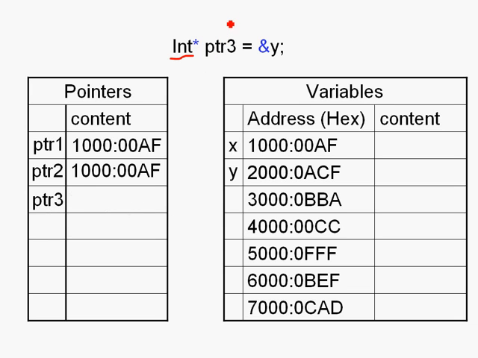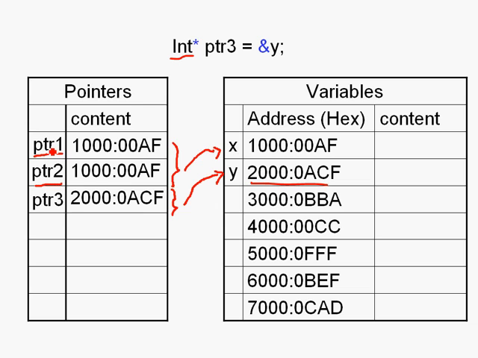I declared the pointer ptr3. It will contain the address of y. So what we did, to resume, we created two pointers, ptr1 and ptr2. They are both pointing to the same address, and we created ptr3, which will point to the variable y.